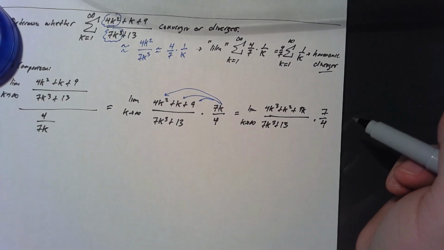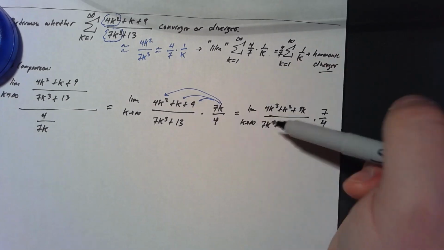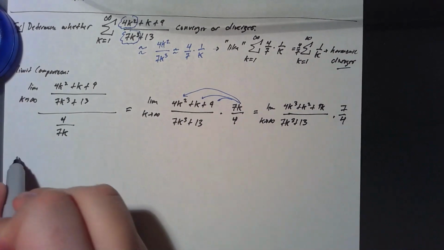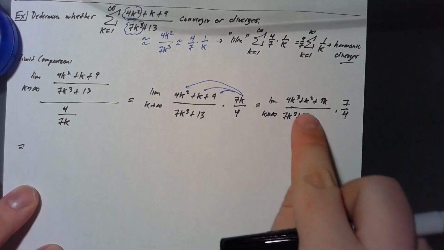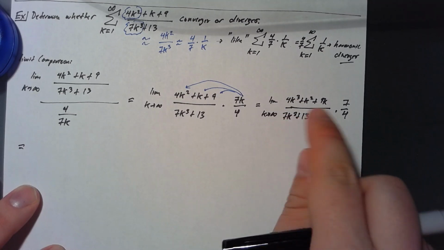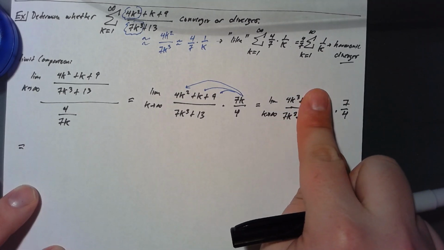I mean, you don't have to do it this way. You can multiply the 7/4 in as well and then take the limit of that, but it just makes it look easier. Well, it is actually easier, because if I look here, the dominant term here is 4k cubed. The dominant term down here is 7k cubed, because they're the dominant powers, so I could just ignore the rest.